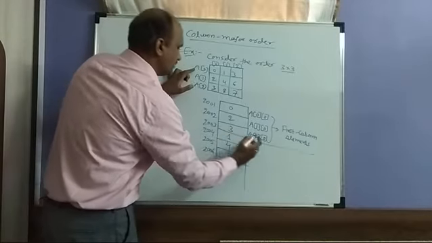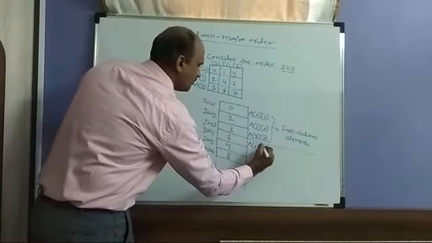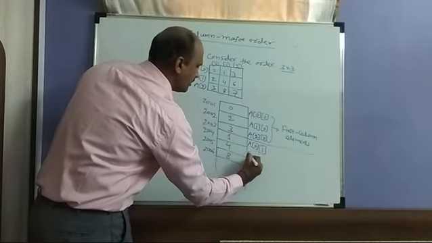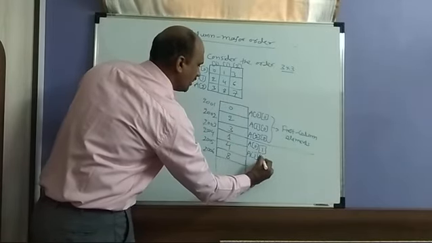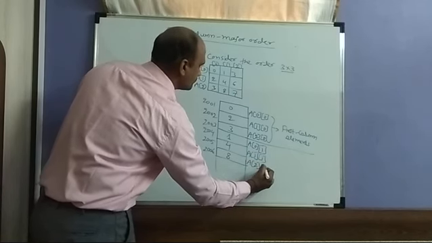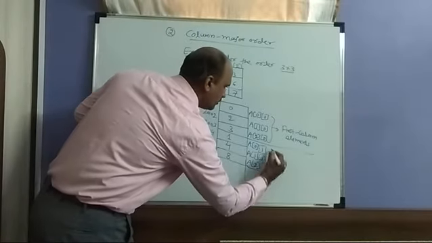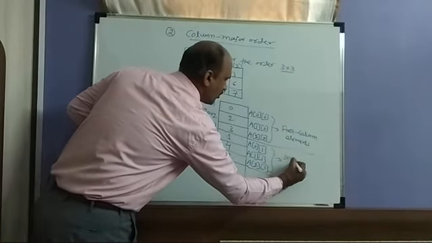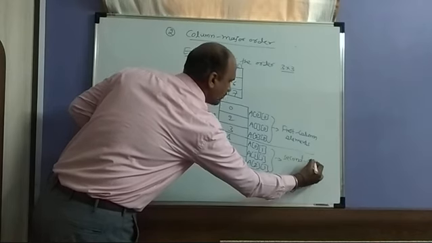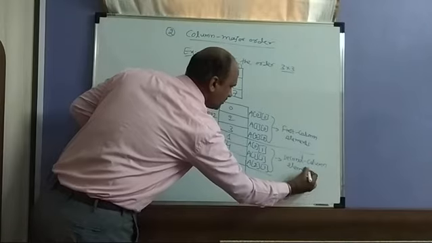Then the second column: A[0][1], present here as 1, then A[1][1], then A[2][1]. These are the second column elements present in the matrix.